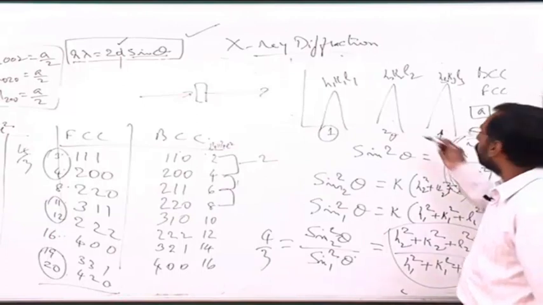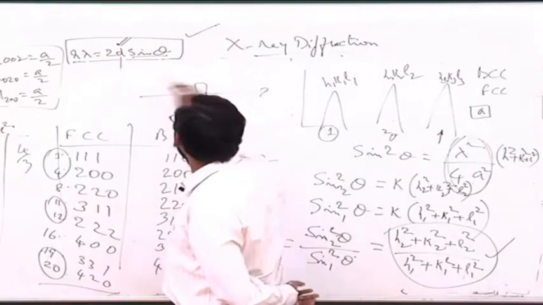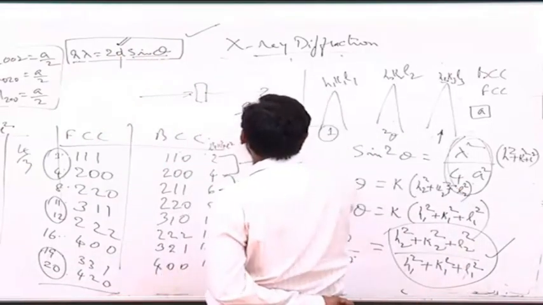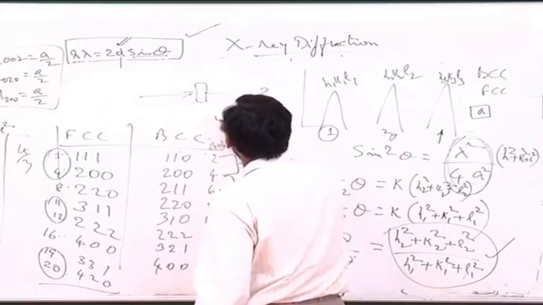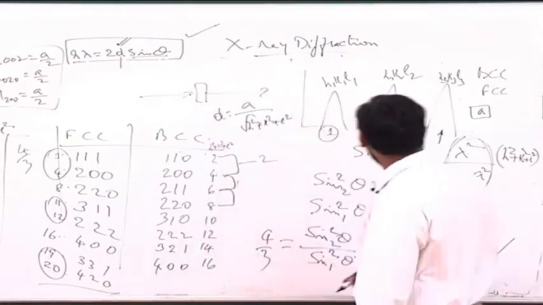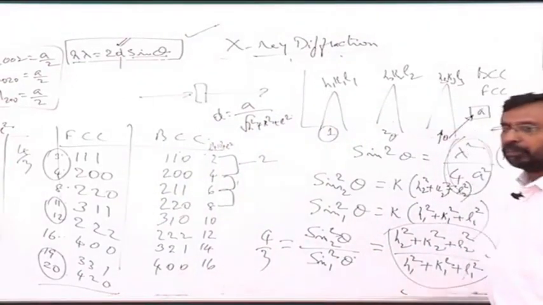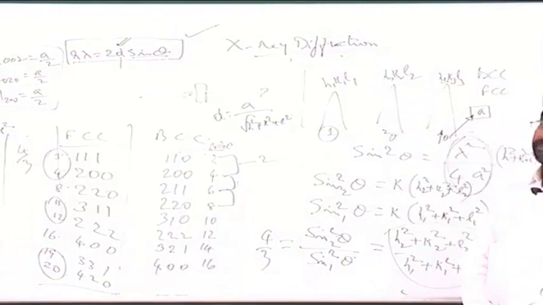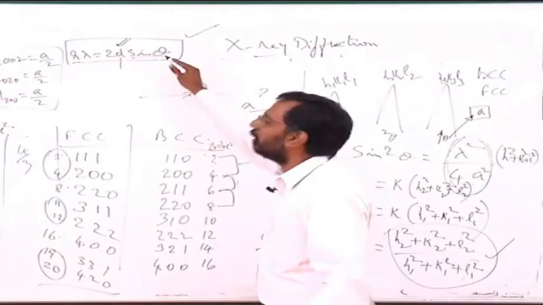Because the theta is decided by d for a given lambda, and the d is decided by a, because d is a by square root h square plus k square plus l square. Right? So as a result, the theta is decided by a. So if the a is large, d is large, theta is small.